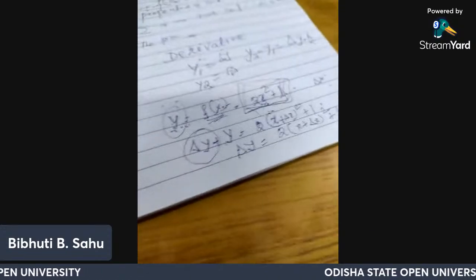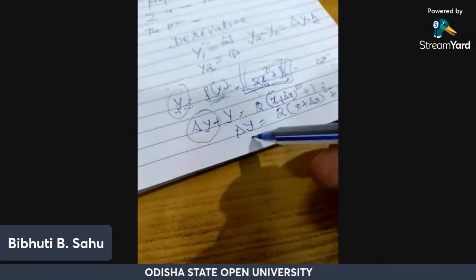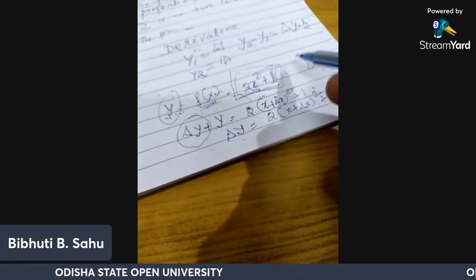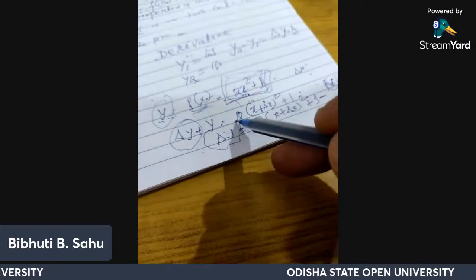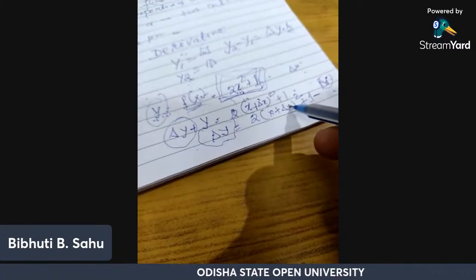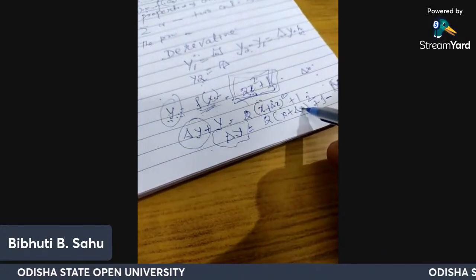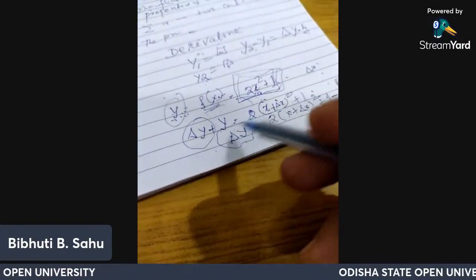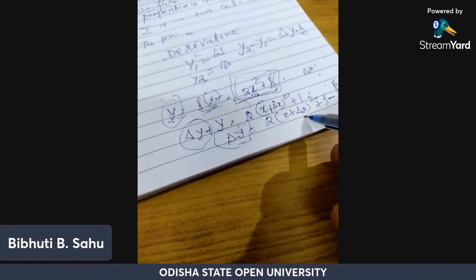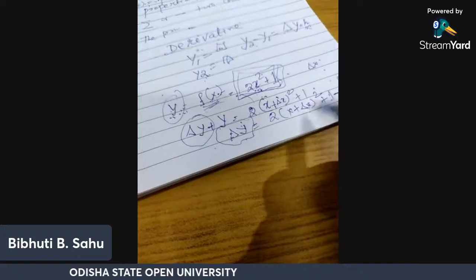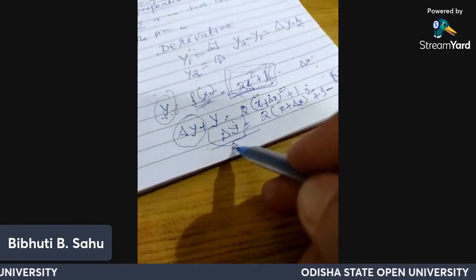So now our objective is to know what is the rate of change for a unit change in x. So how can we know? Because this is the delta y, the change in y, due to a certain change delta x. But our objective is to measure the rate of change in y for every unit change in x. So we can find this rate of change by dividing delta y by delta x.